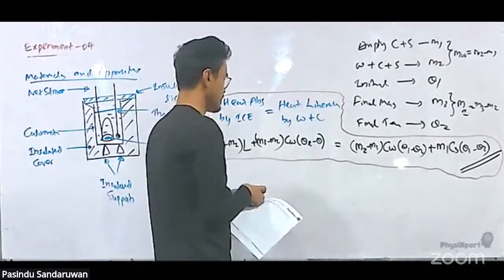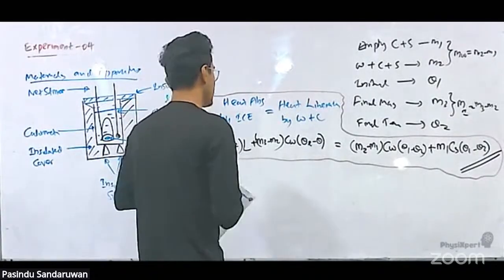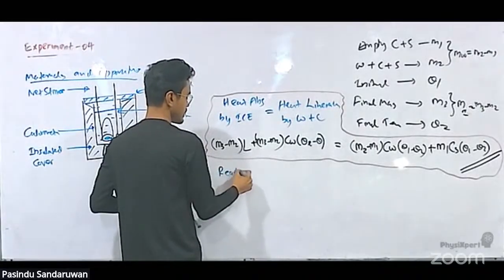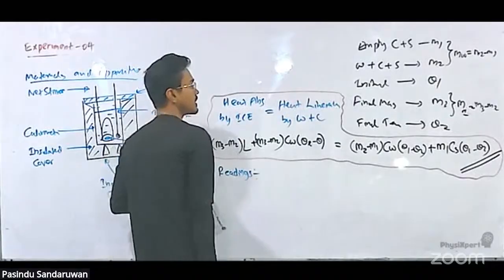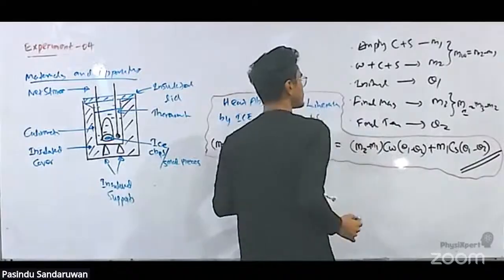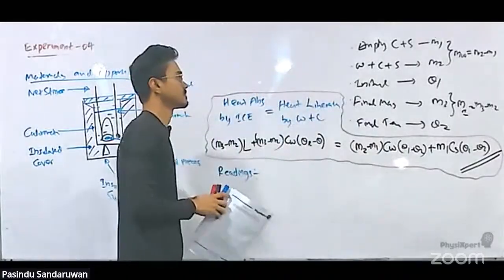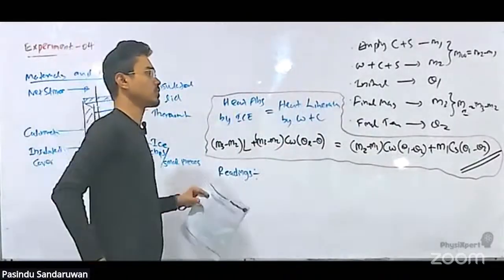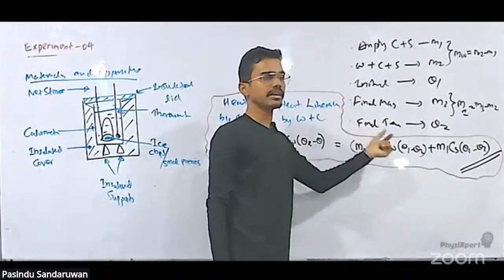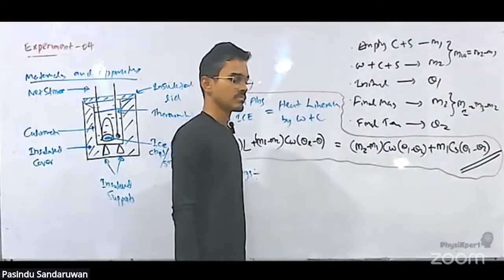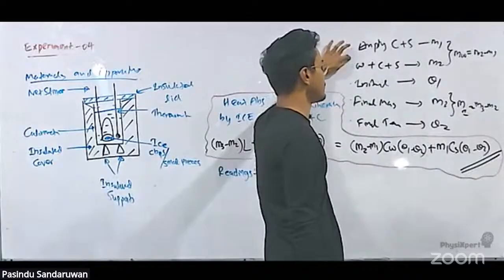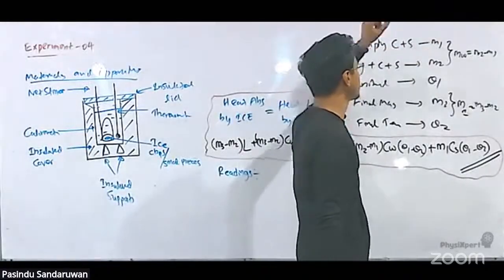So below this, list down the readings as well, right? And we have to add 3 more here, specific heat capacities. Then for readings, list down the mass of empty calorimeter with stirrer M1, right?